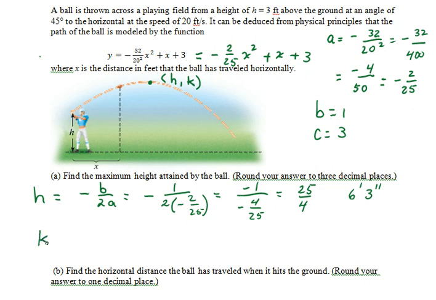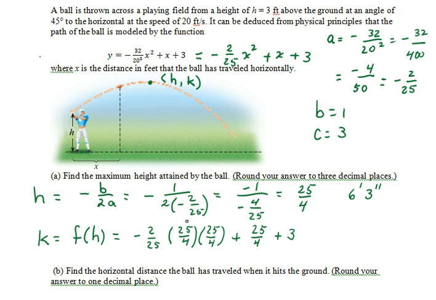The maximum height is going to be f of h, which will be -2 over 25 times 25/4 squared plus 25/4 plus 3. We can cancel one of the factors of 25.